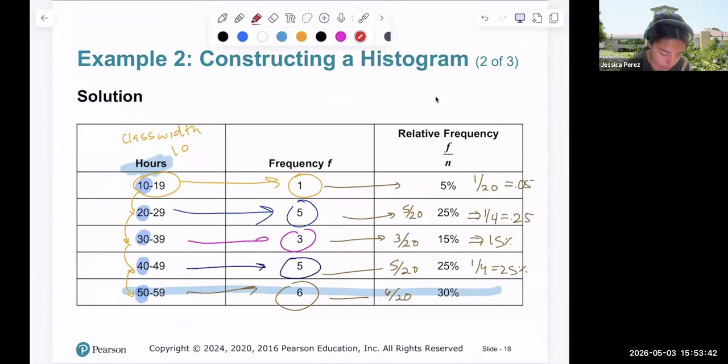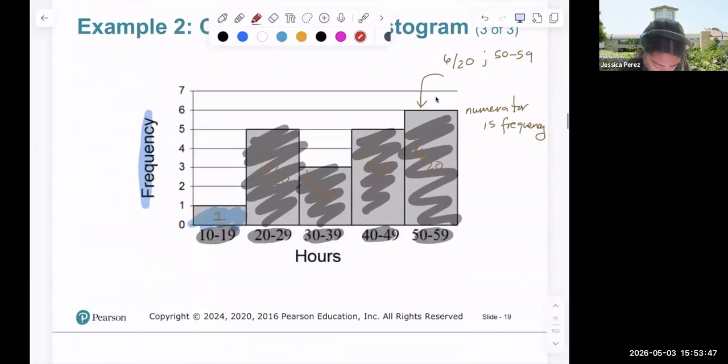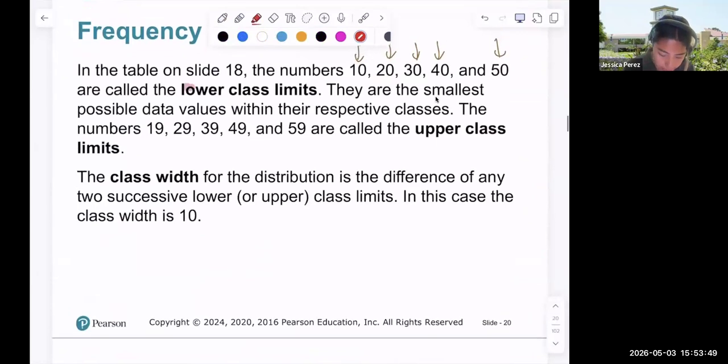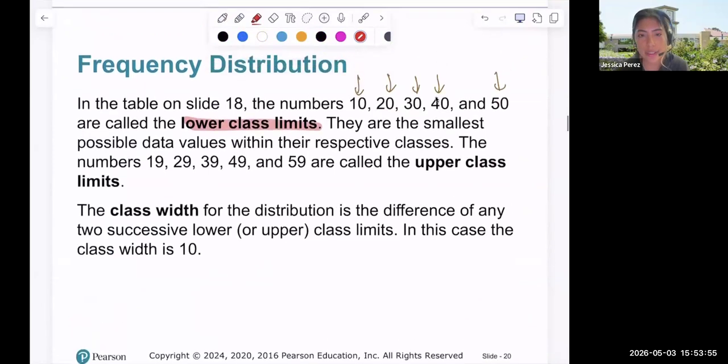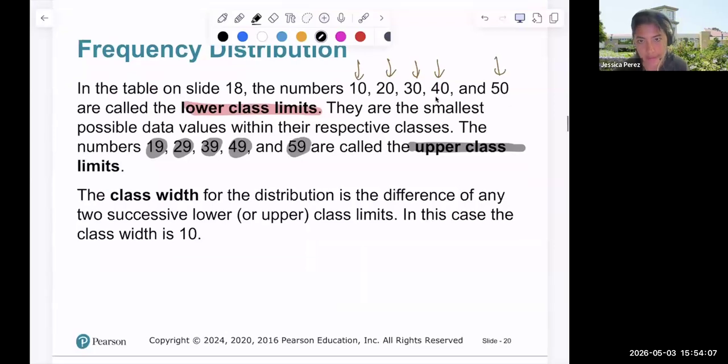Then we have upper class limits, which are 19, 29, 39, 49, and 59. The upper class limits are the highest values of each class. So 19, 29, 39, 49, and 59.